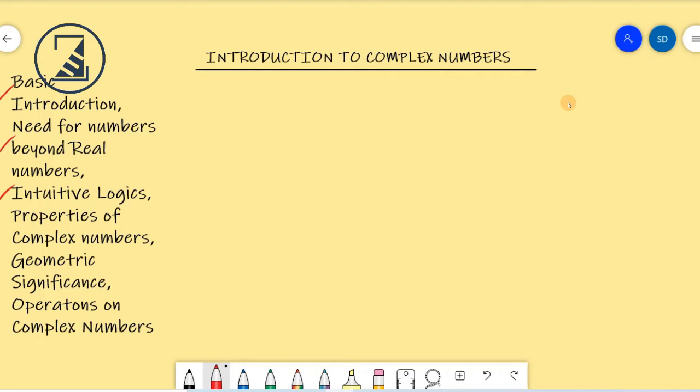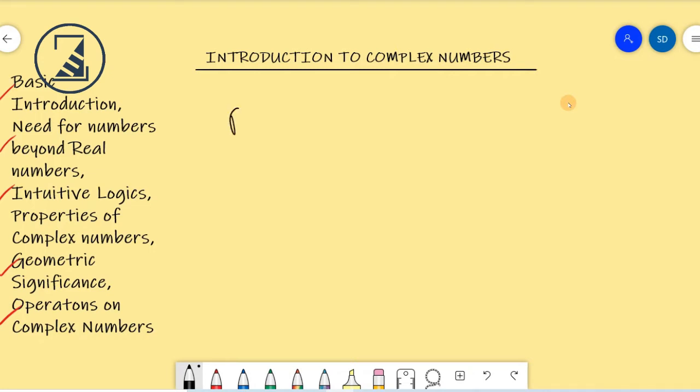Then you are also going to learn the geometric significance of all the properties of complex numbers we will talk about, and we will learn some basic operations on complex numbers. So let's get started.